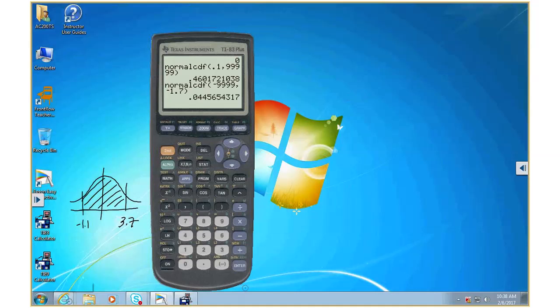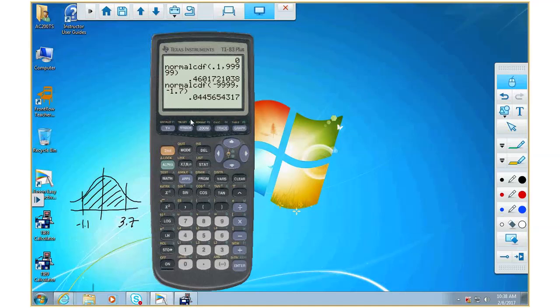And they're in the other book. So you take your handy dandy calculator and you type in, which way do we read? Left to right. So you start at negative 1.1 and you go to 3.7. Second, bars, normal CDF, negative 1.1, comma, 3.7. And that's 86%.